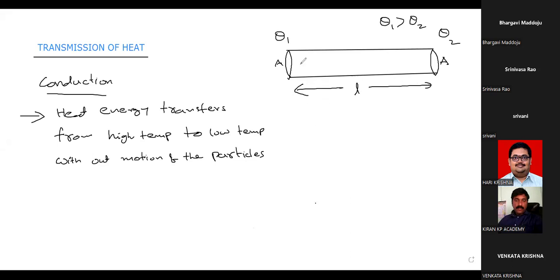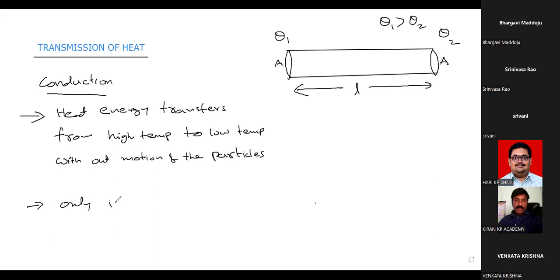One end is at high temperature and the other at low temperature. Now, conduction takes place only in solids. If we take semi-solids, conduction is not possible. In the case of liquids, also no conduction. It takes place only in solids.